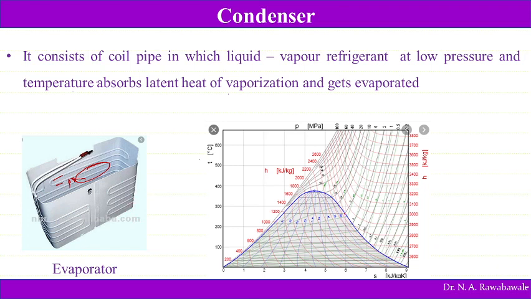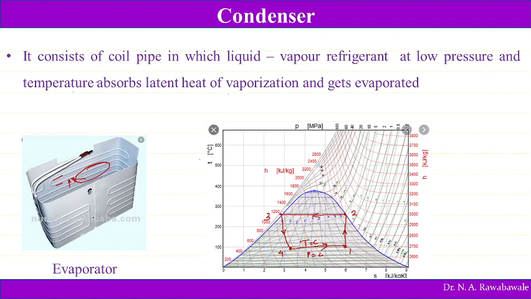Now if we see, this was the first process 1 to 2, then 2 to 3 condensation, then 3 to 4 expansion, and 4 to 1 is the process of evaporation. During process 4 to 1, the refrigerant gets evaporated at constant pressure and constant temperature. The temperature is constant, and the pressure remains constant.